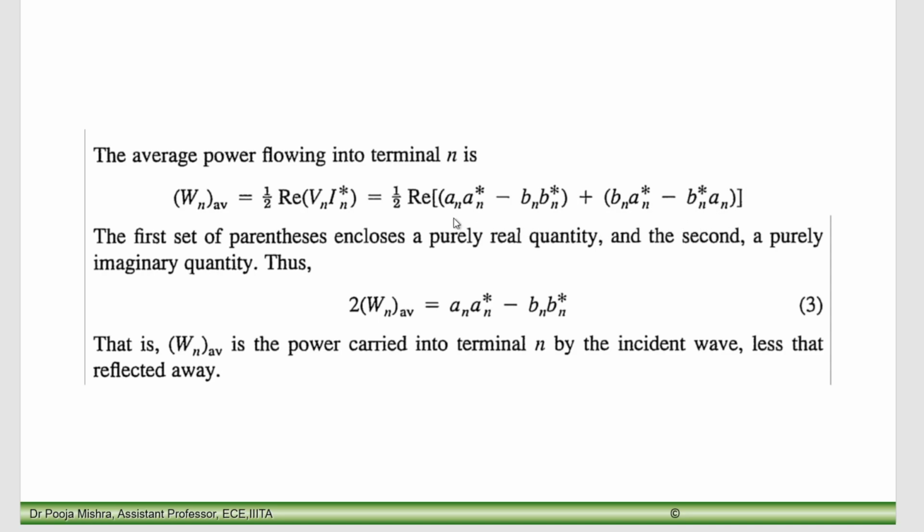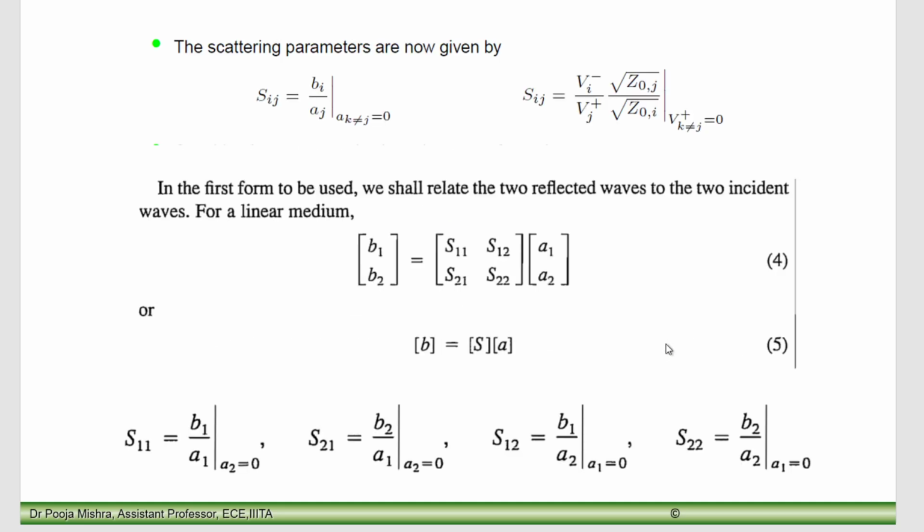Now the first term is mod An square minus mod Bn square, while this term will be the complex one: Bn into An conjugate minus Bn conjugate into An. This comes out as imaginary part. The only real part in this equation is this one. So average power flow into the terminal n will be mod An square minus mod Bn square. This is the power carried into the terminal n by incident wave.